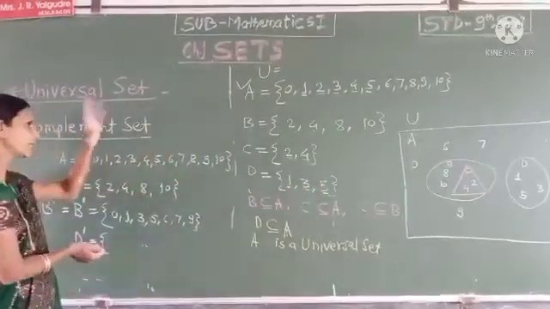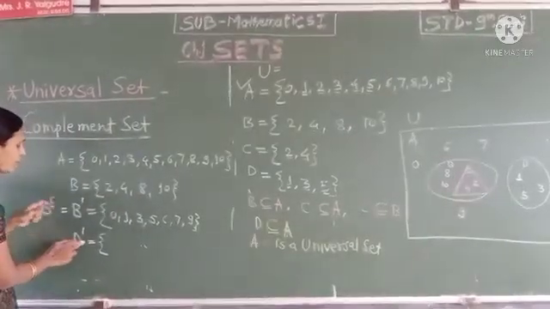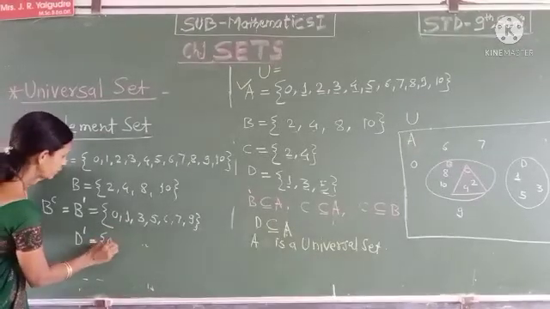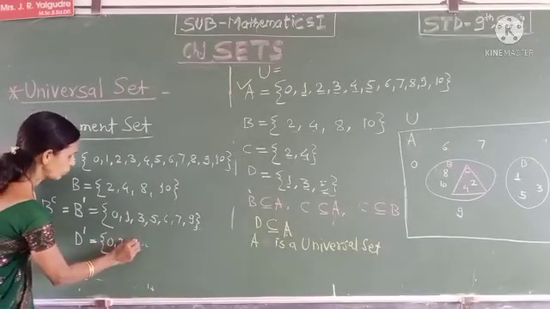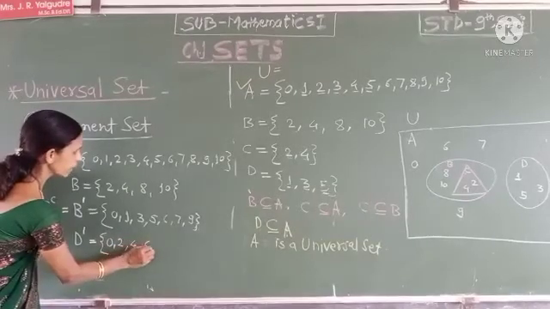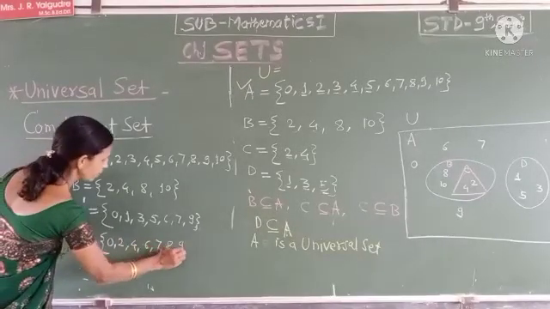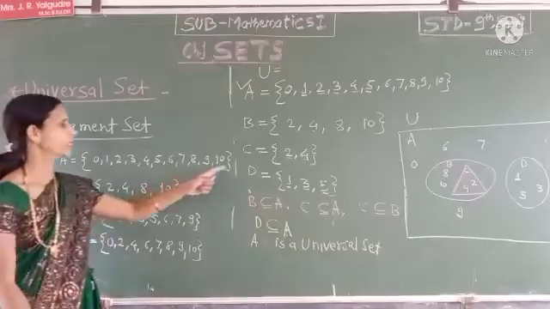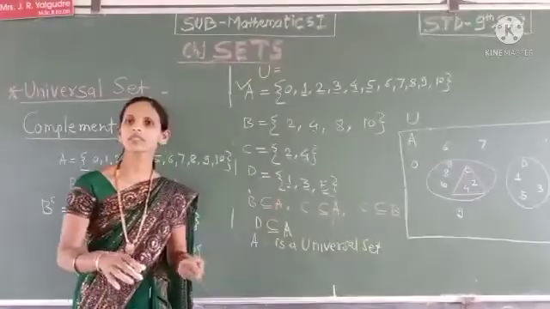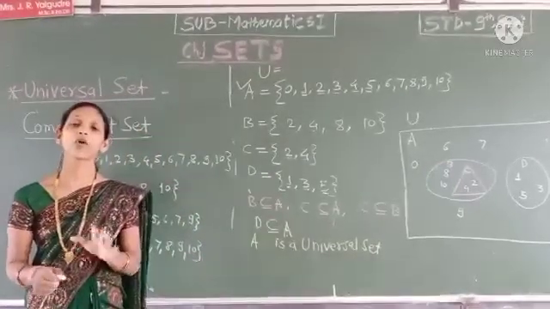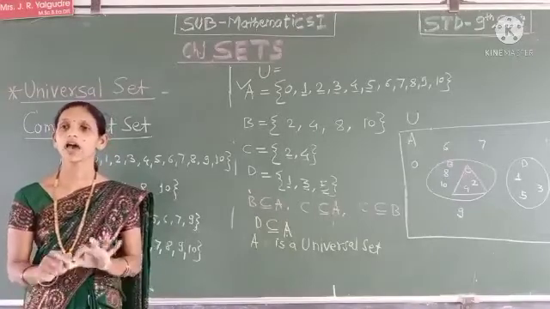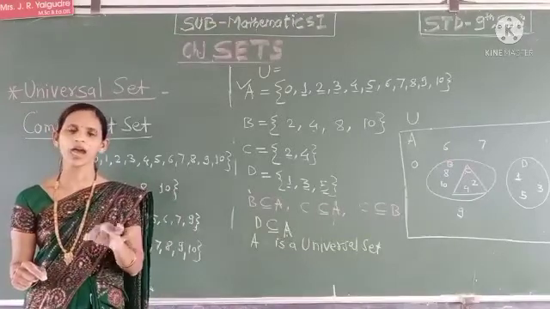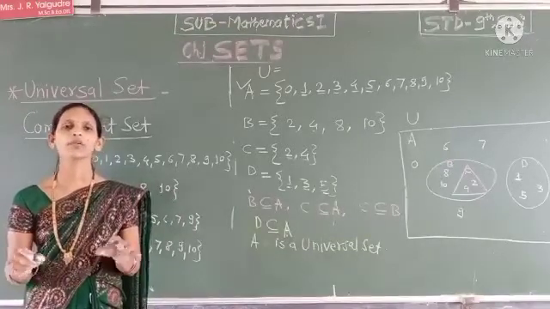Therefore here 0, 2, 4, 6, 7, 8, 9 and 10 are the complementary set of set D. That means the elements of complement sets are totally different. No common elements are present in a complement set.